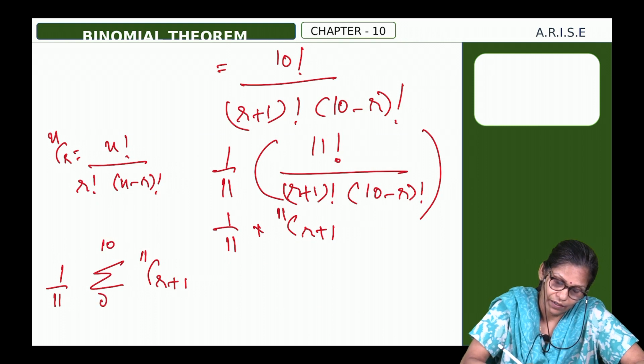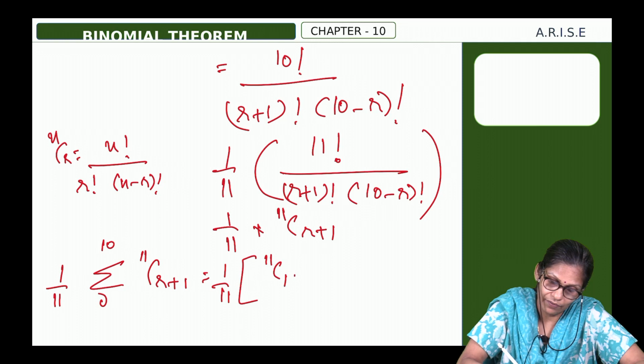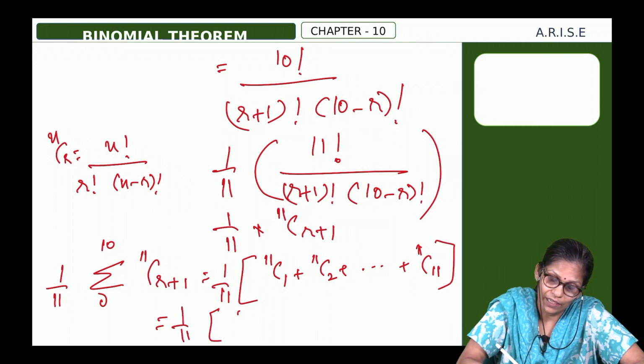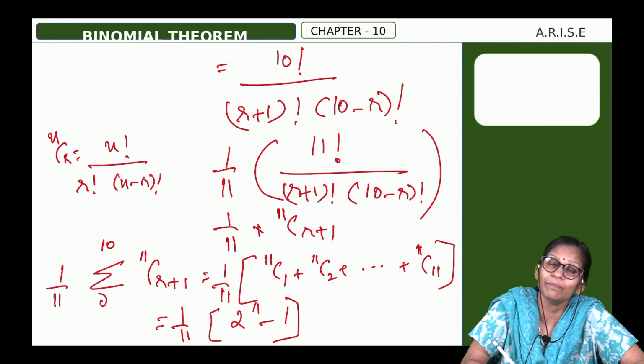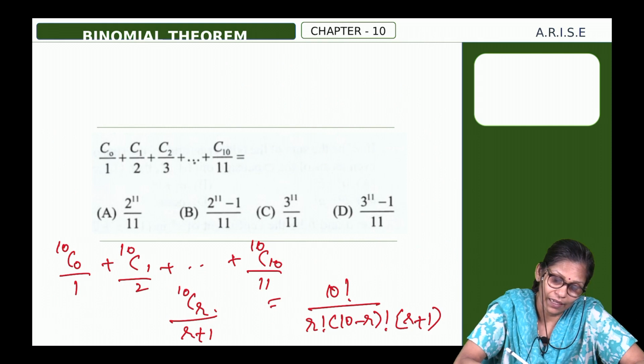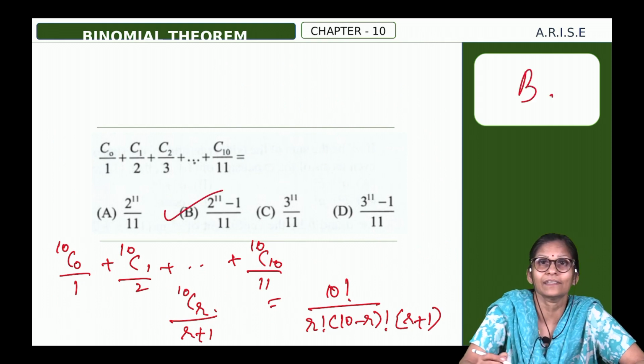So this is 1 by 11 into 11C1 plus 11C2 plus etc. At 10, it is 11C11. So this is 1 by 11 into, isn't this 2 raised to 11? There is a missing term 11C0. So 2 raised to 11 minus 1 by 11, that is option B is your answer.